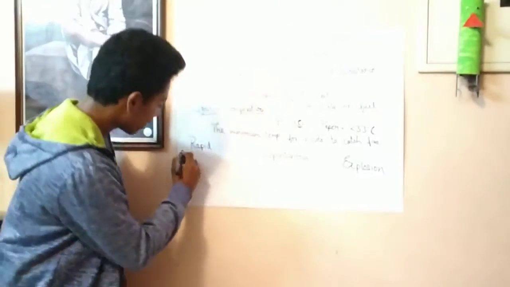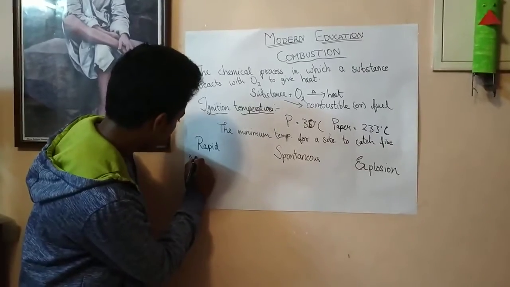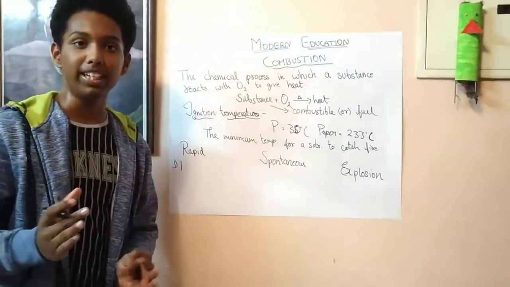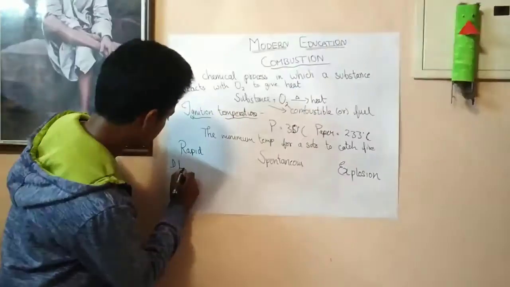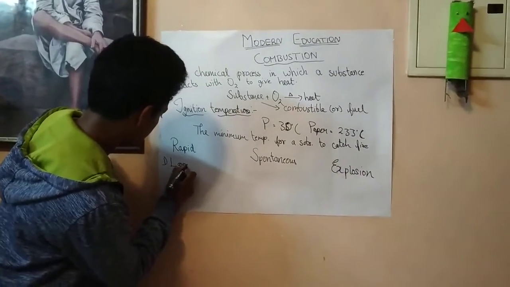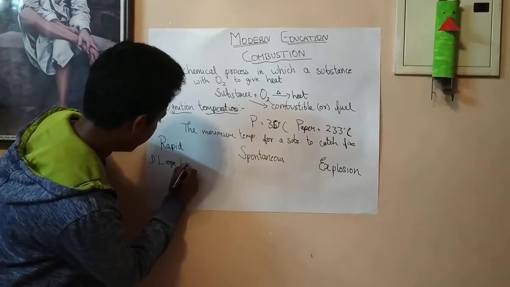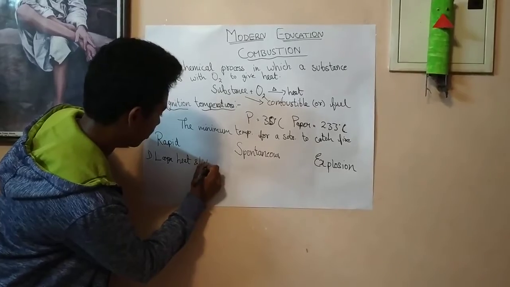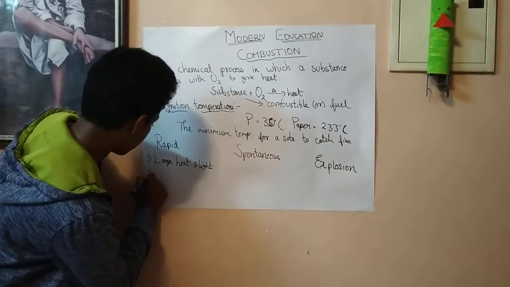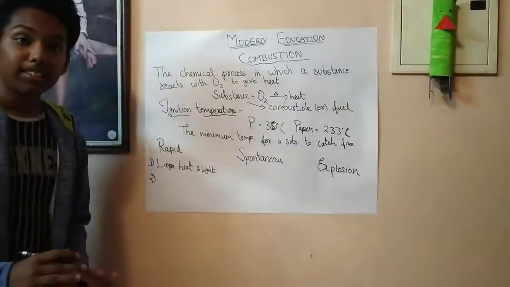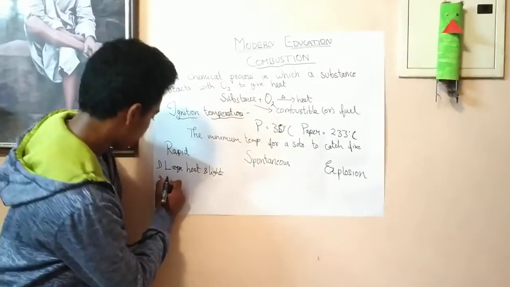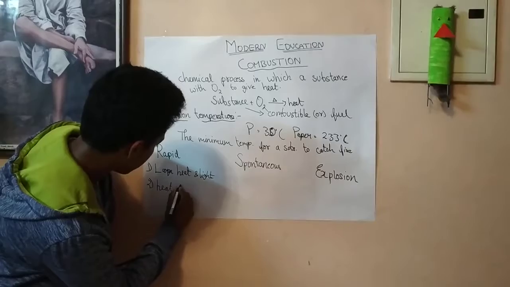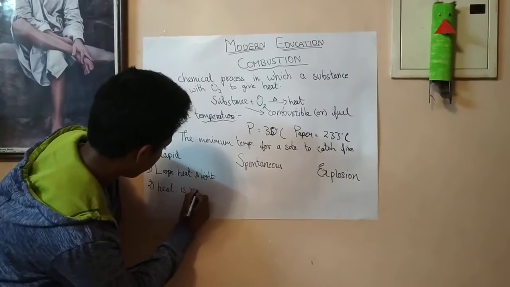In short, in rapid combustion a large amount of heat and light is produced. And second, external heat is required.